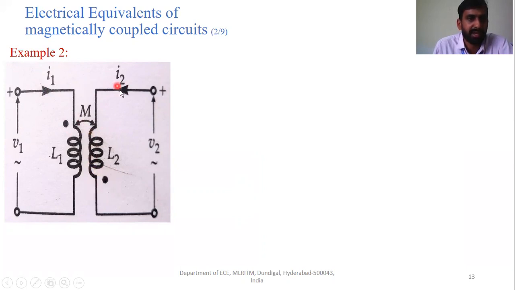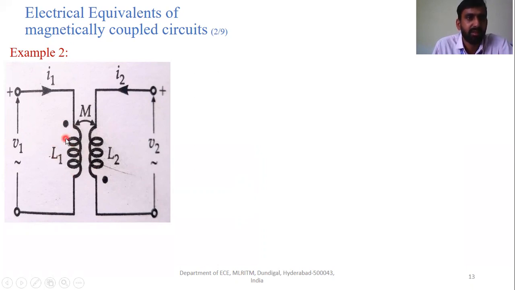leaving through the dot. The current is leaving through the dot because this terminal and this terminal have the same polarity with respect to the inductance, with respect to this coil. So that means both are wound in different manner. Both coils are wound in reverse manner to each other.